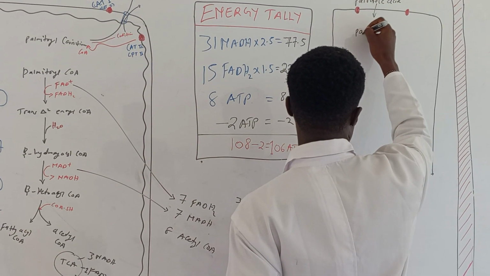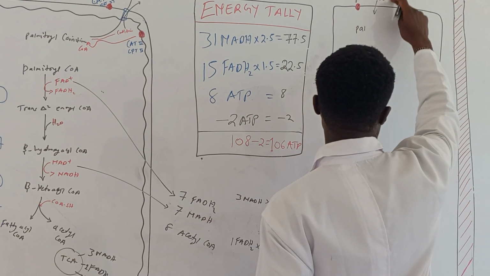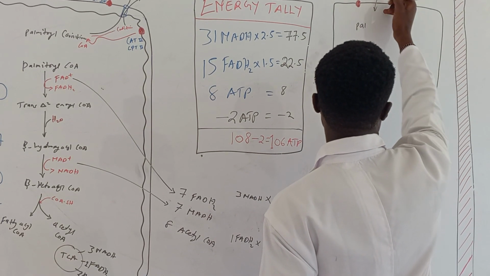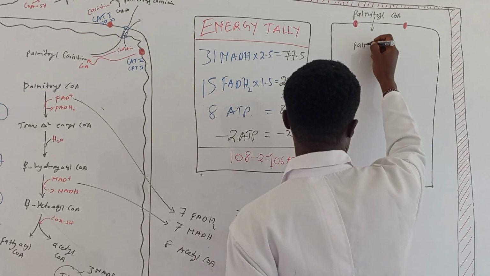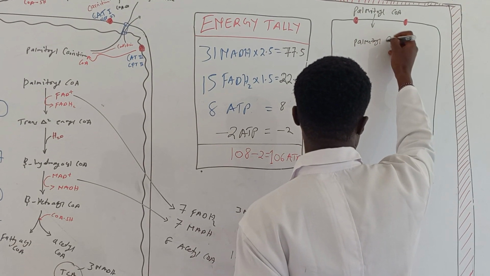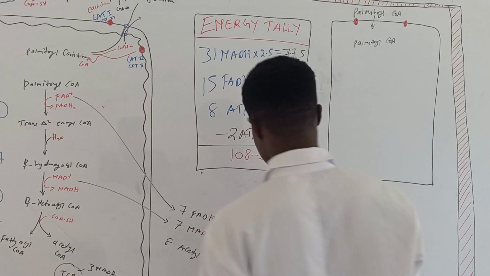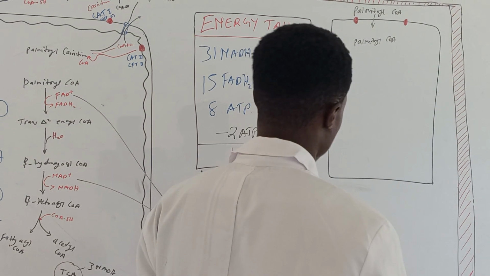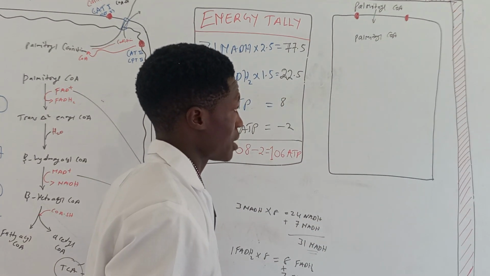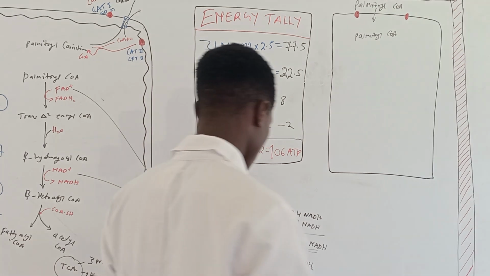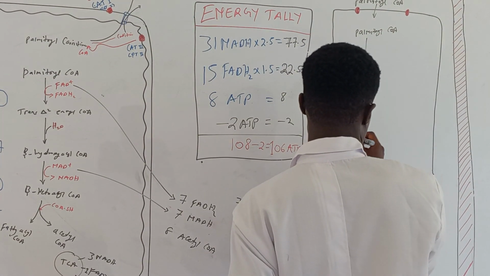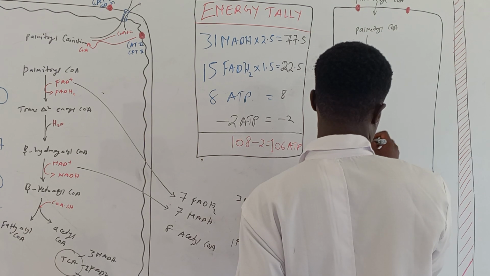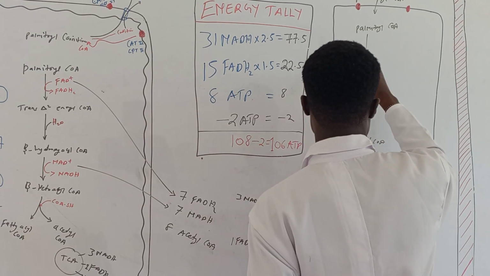This is a palmitoyl-CoA. I'm sorry, palmitoyl-CoA. So palmitoyl-CoA is going to undergo the process of beta oxidation to form acetyl-CoA.